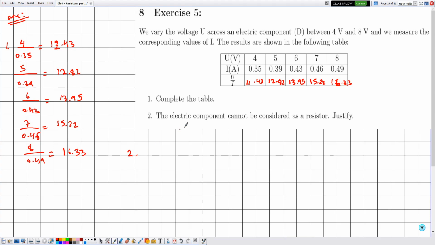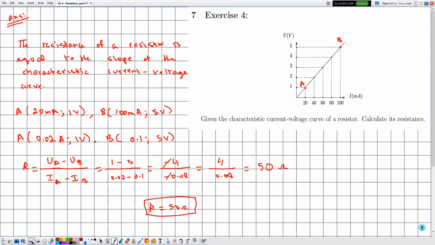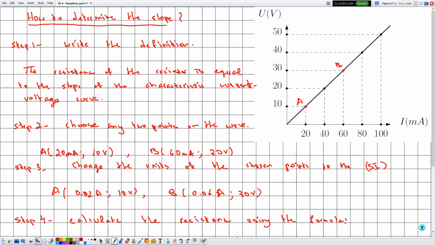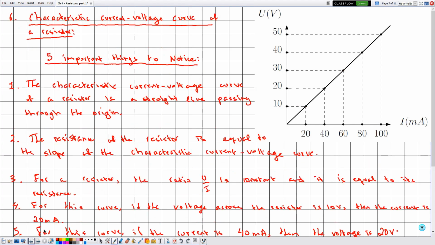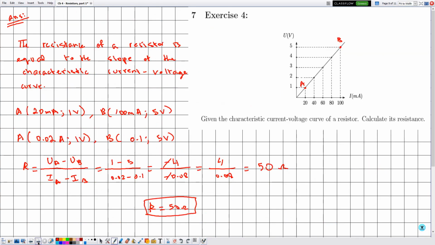Now in number 2 they are telling me the electric component cannot be considered as a resistor. Justify. Now if we refer to this section, in idea number 3 we have mentioned that for a resistor the ratio U over I is constant and it's equal to its resistance. Then we can say when the ratio U over I is not constant, then the electric component cannot be considered as a resistor.